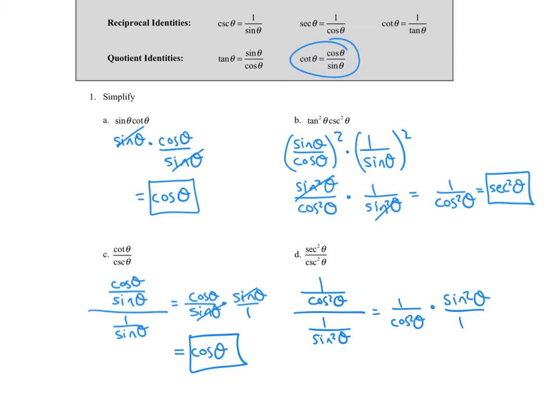Nothing's canceling out, but if I multiply top times top, I end up with sine squared theta over cosine squared theta. And sine over cosine is tangent, so I could rewrite this as sine theta over cosine theta squared, or tangent squared theta.